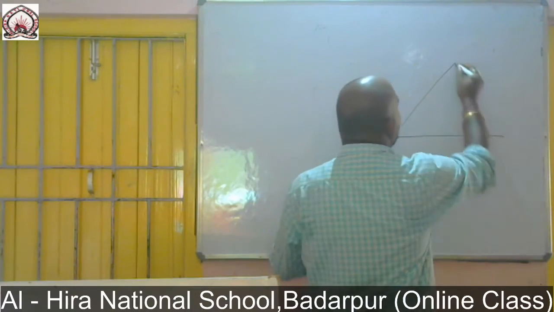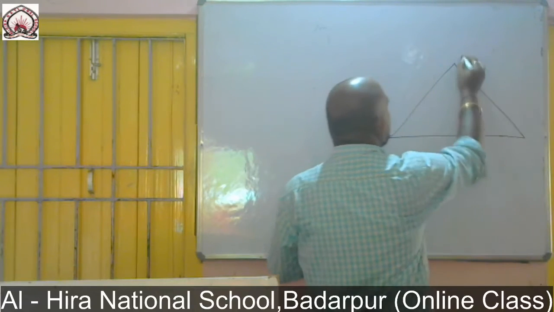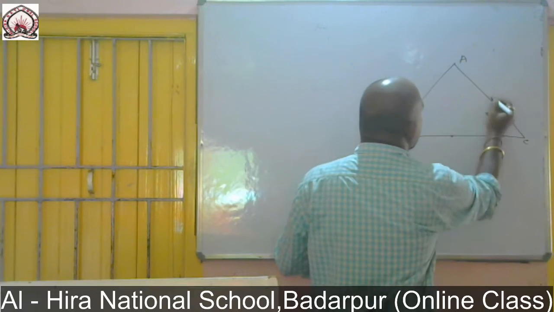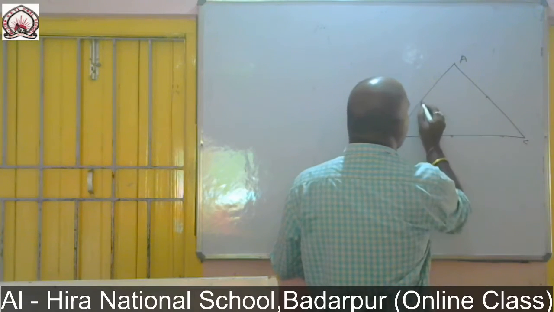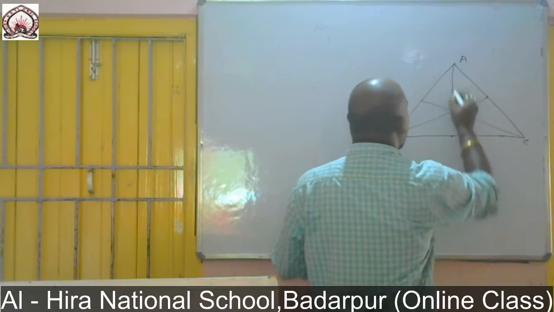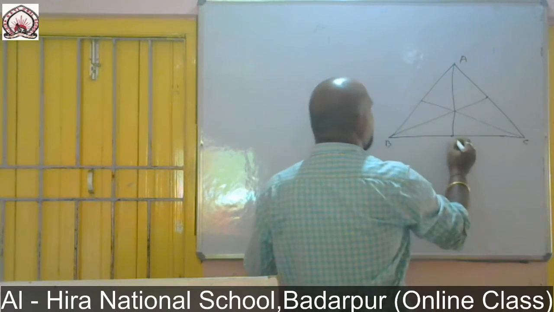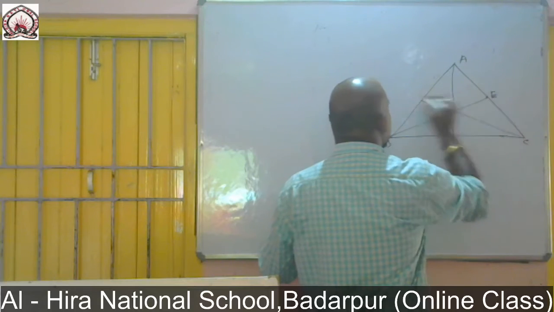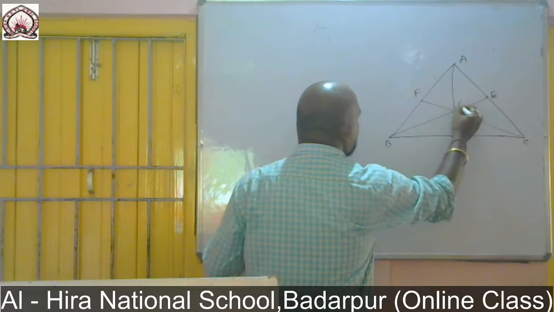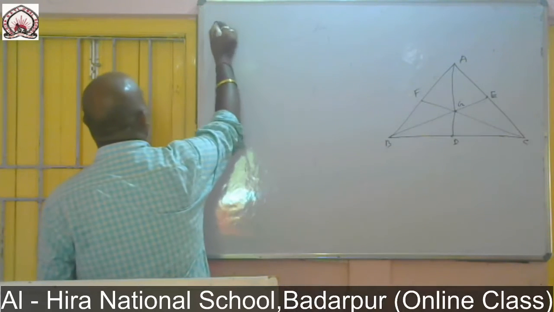Let us consider this is a triangle ABC. This one is D, this one is E, this one is F. Now G is the centroid.